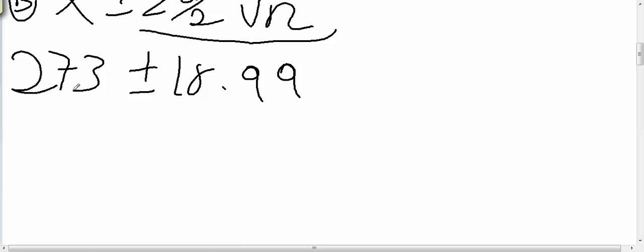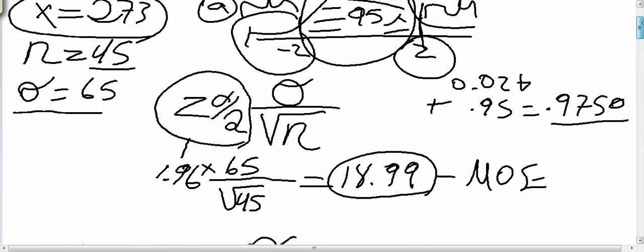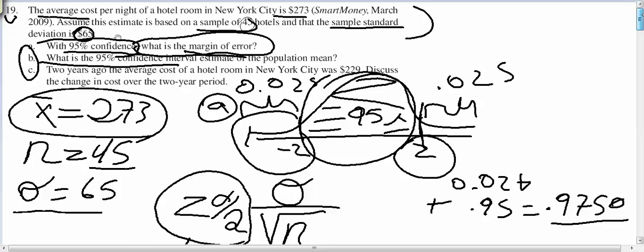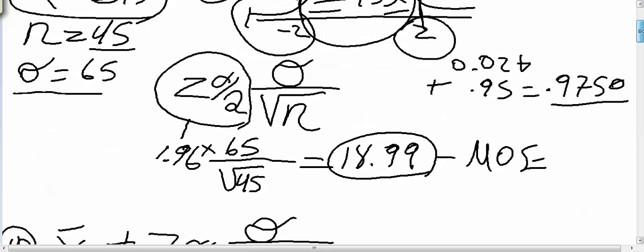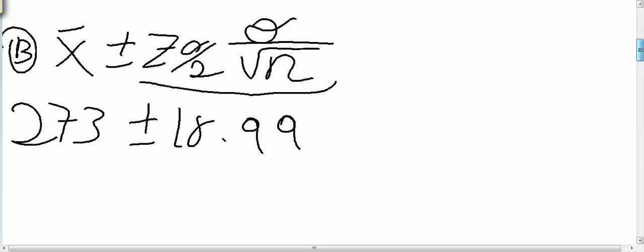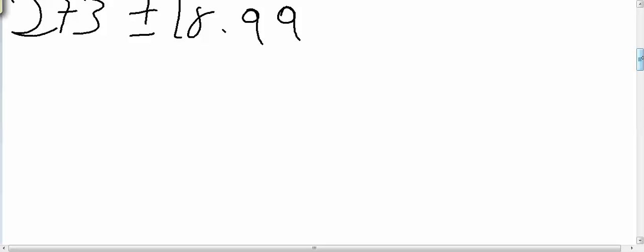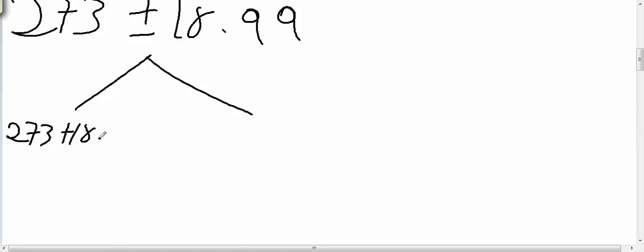Now, the question is saying to find that interval estimate. In order to find the interval estimate, all you have to do is the following. 273 plus 18.99. I'm sorry, minus 18.99.